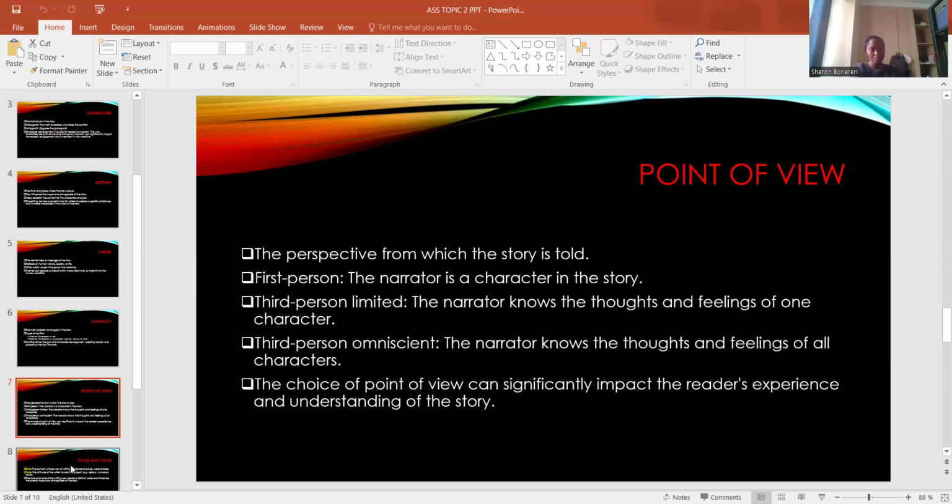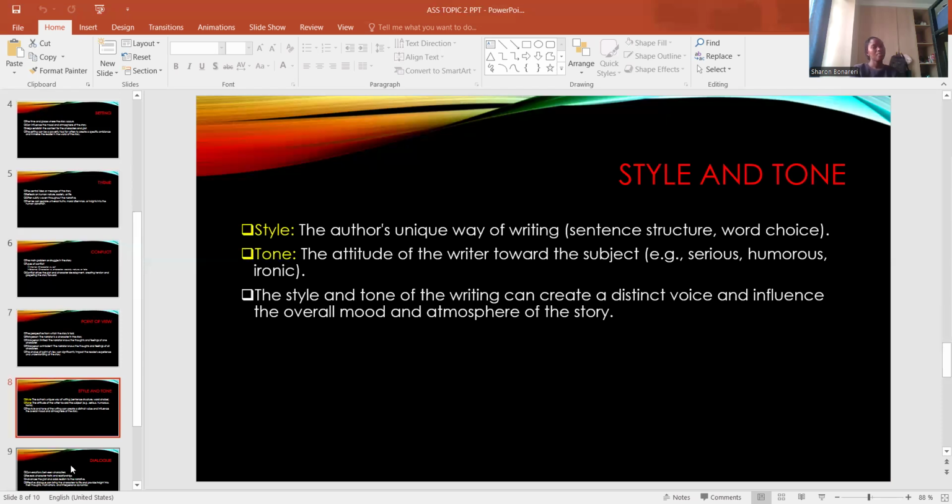So we also look at style and tone. Style is the author's unique way of writing, sentence structure, word choice, and tone is the attitude of the writer towards the subject.